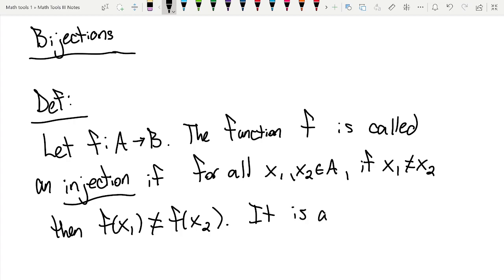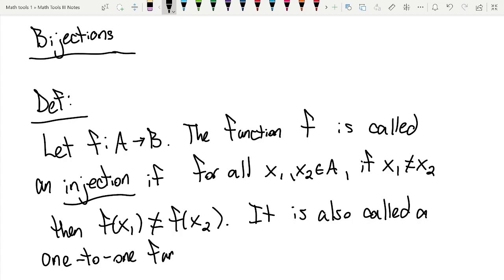So it is also called a one-to-one function. Just a new name for it, basically. If you remember, one-to-one functions are very important because they're invertible functions. And like I said, you start using invertible functions a lot in higher level probability.